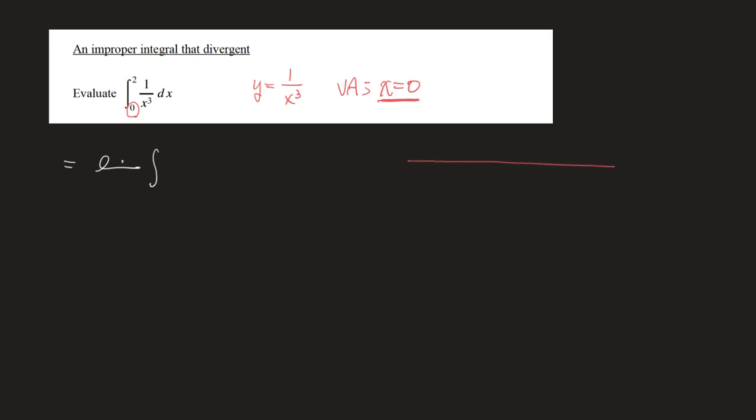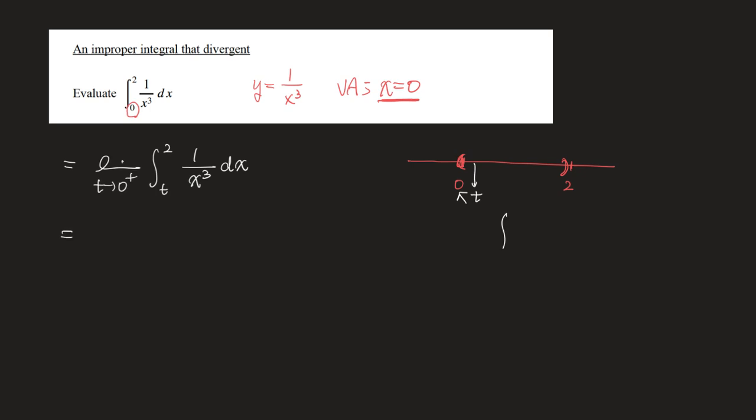The interval is from 0 to 2. Like the previous example, 0 is the vertical asymptote. You pick the t value and approach 0 from the right. So the limit as t approaches 0 positive, of the integral from t to 2 of 1 over x cubed dx. That's how you define this improper integral.